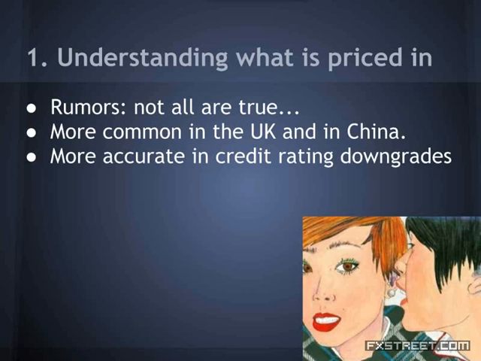And there are some unexpected news events like credit rating downgrades. We've seen that for various European countries and also for the US. And in many cases, these rumors prove to be correct.